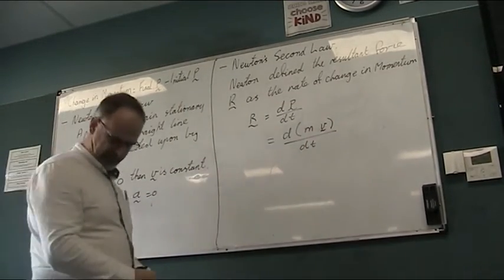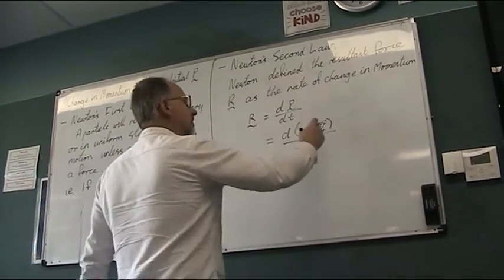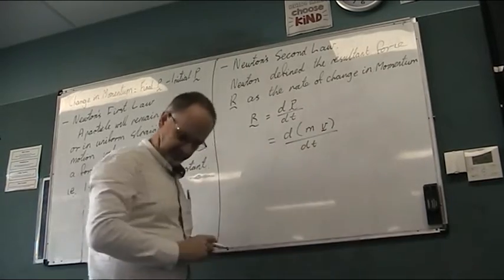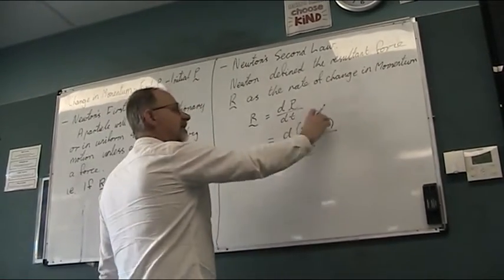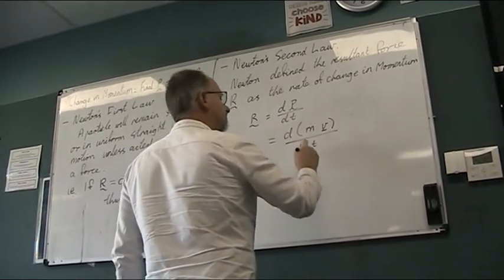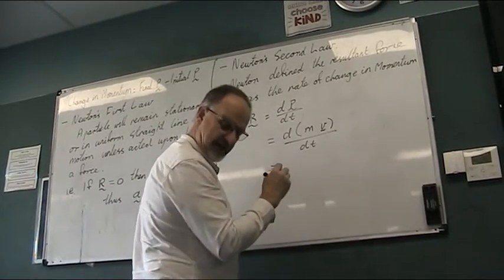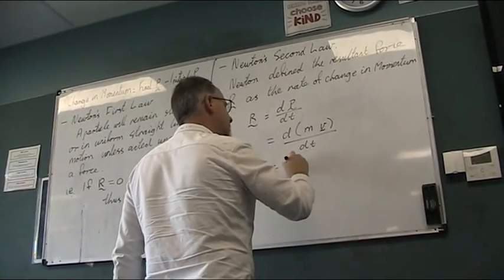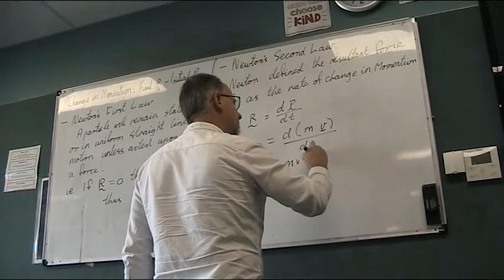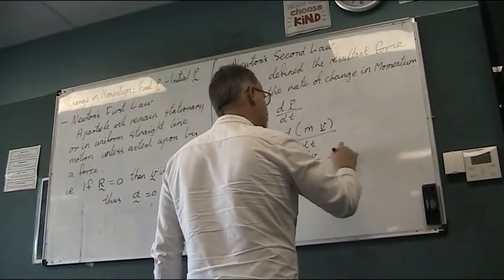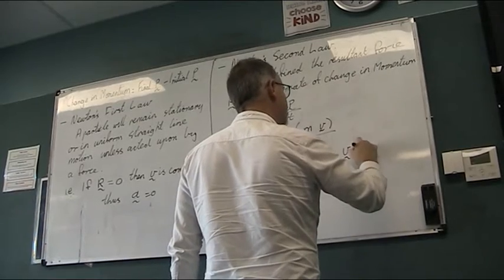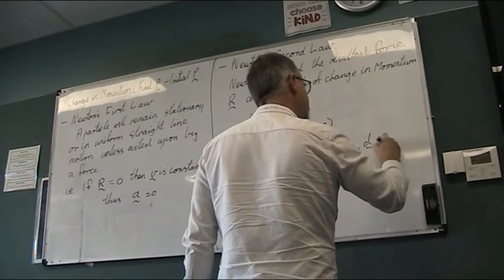Now, because, well, actually we've got a product here. So if we use the product rule here, then what we have is the mass times dv/dt plus velocity times dm/dt.